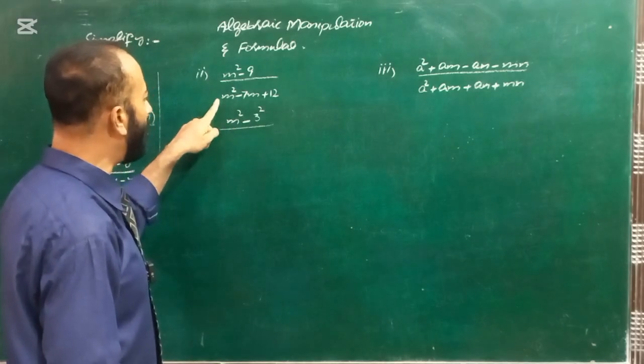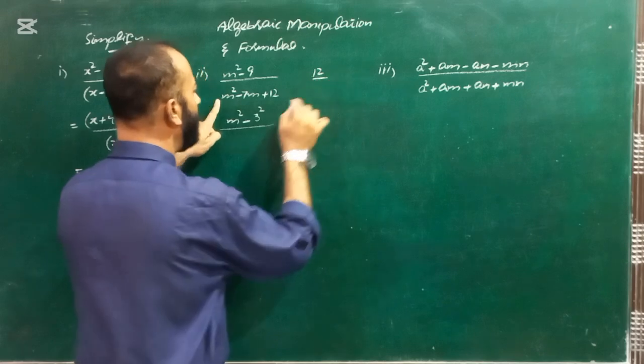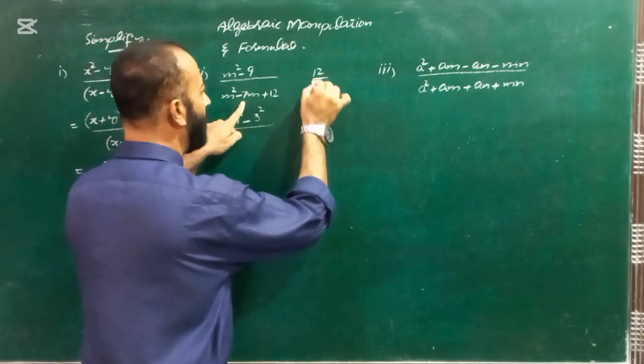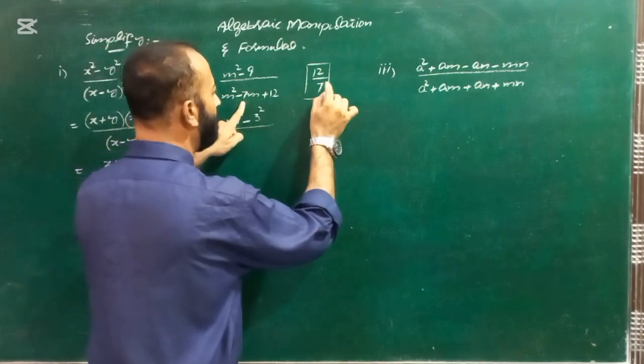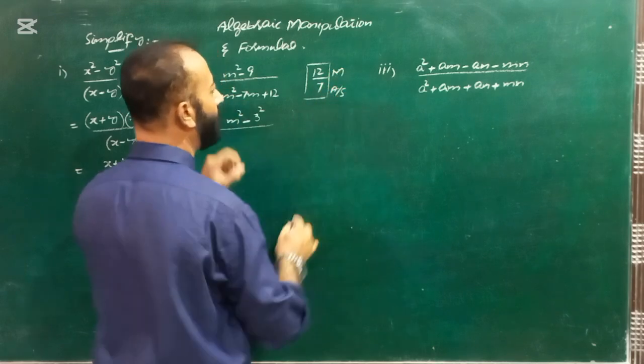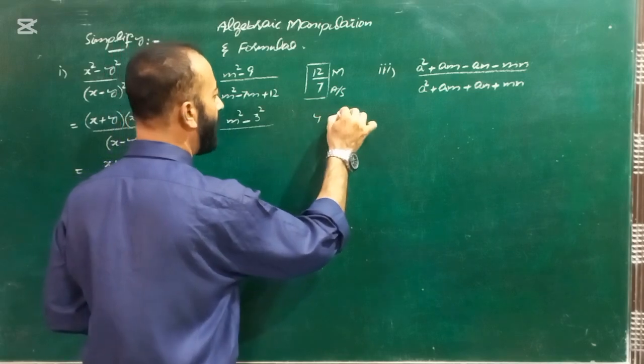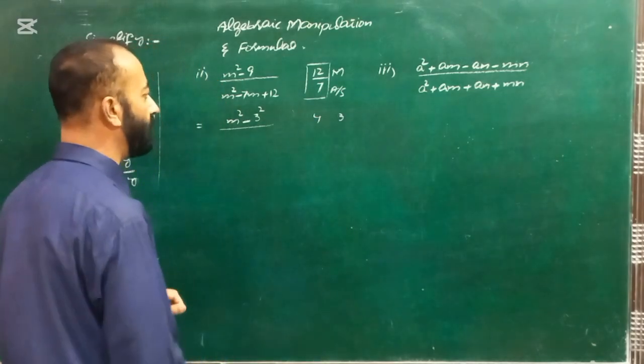So we will multiply the coefficient of the first term with the last one and write the coefficient of the central one with it. Now think of a pair of numbers whose multiplication equals this one, and addition or subtraction equals this one. So if you can see, the numbers are 4 and 3.